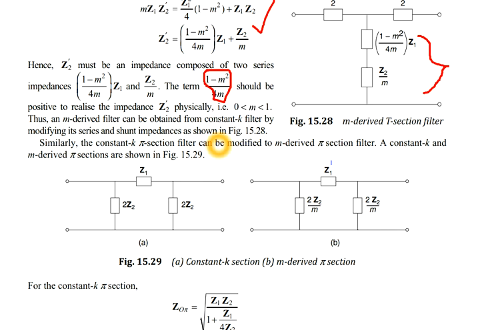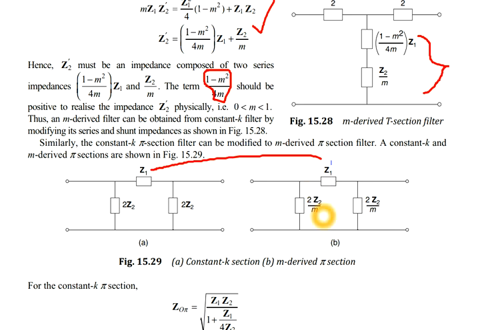In the same manner, we can derive the equations for the m-derived pi section, right? It will be similar, but if you observe here, in the case of the pi section, the Z1, that is the series arm impedance, is chosen as Z1 prime, whereas the shunt arm impedances are chosen with a factor of 1 by m, whereas in the case of the T filter it is a factor of m.